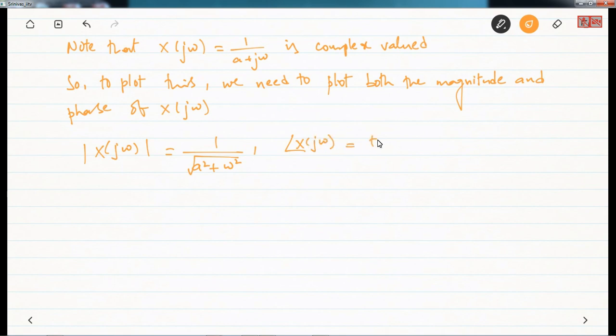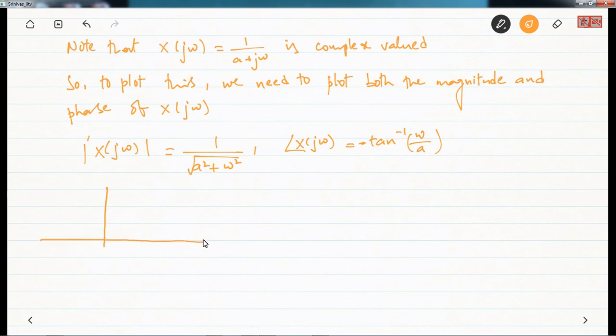Okay, so this is 1 by a plus j omega, so it should be minus of tan inverse omega by a, because the complex number is in the denominator, so your phase will be negative of tan inverse omega by a, right? So the plot should be something like this.